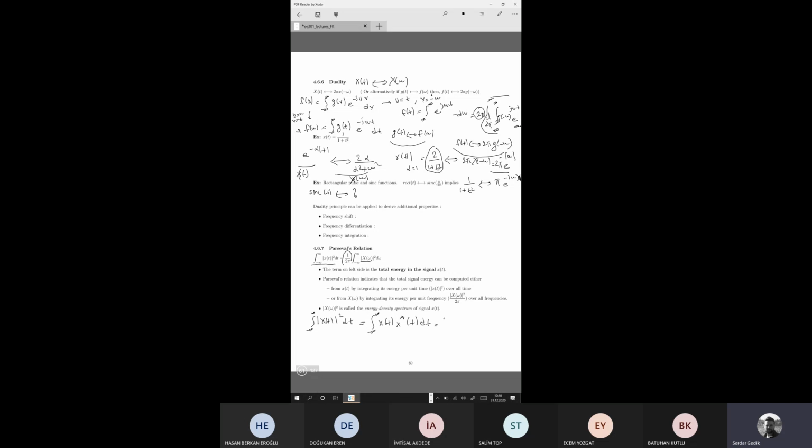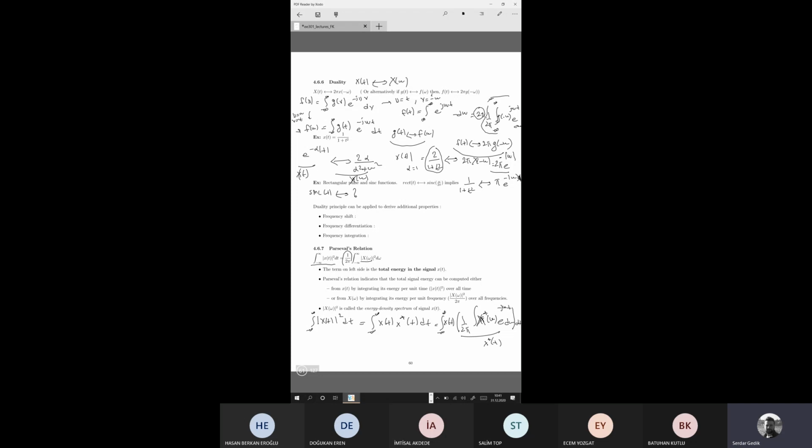This is equal to the integral of x(t) times 1 over 2π integral of X conjugate of ω e^(-jωt) dω dt. So this is actually x conjugate of t. I'm sure you are following that the x's with ω are capital X, so Fourier transforms.